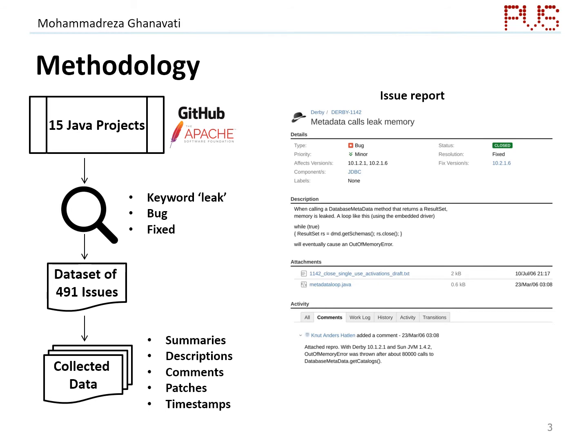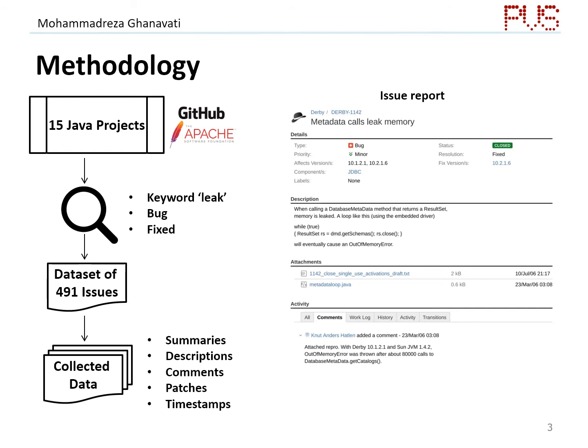It should contain the keyword leak, it should be a bug, and it should be already fixed. It's worth mentioning that we only consider reported bugs and not those bugs which are already fixed during code development. Then, for each issue, we collected summaries, descriptions, comments, patches, as well as timestamps. We used this data to answer the questions.